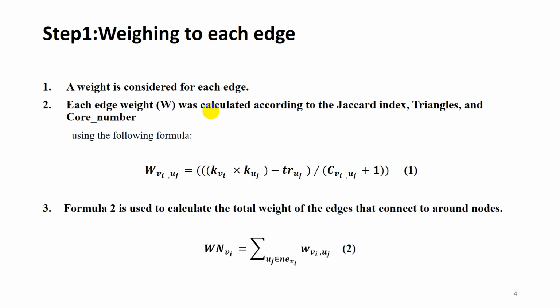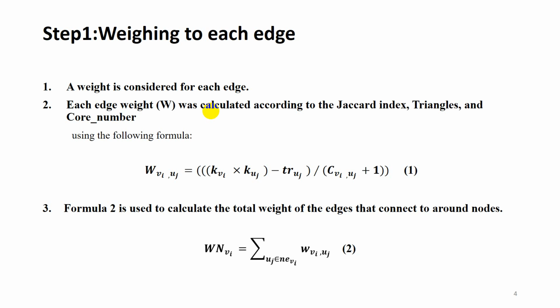As you can see in this formula, W_ViUj is the weight for each edge, K_Vi shows the core number of the node Vi, and K_Uj stands for the core number of Uj. TRUi is the number of triangles, and finally C_ViUj shows the Jaccard coefficient of the nodes Vi and Uj.